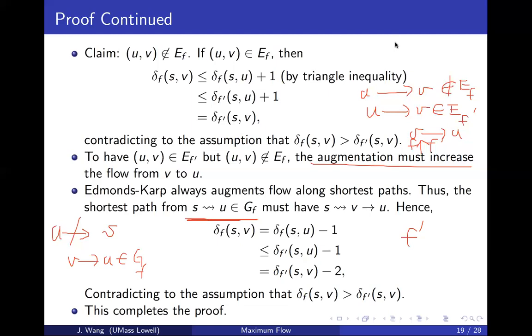The augmentation is not changed, because if V is not on this path, let's say this is a possible V here, and this particular V is not on the augmenting path, hence the augmenting path cannot affect this edge, right?